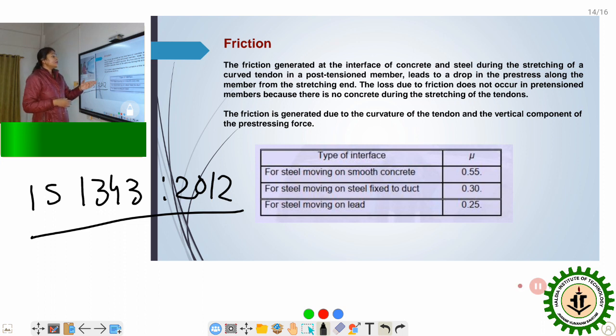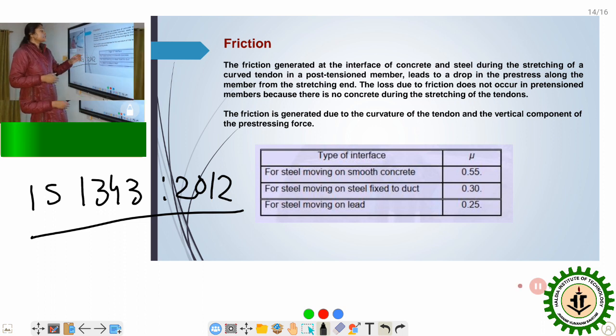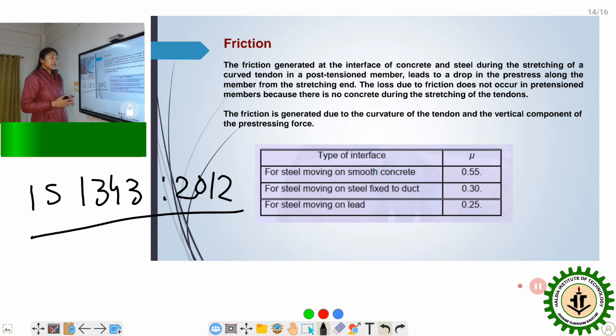For steel moving in smooth concrete, we have a coefficient of friction of 0.55. Steel moving on steel fixed to duct, these are all post-tension members, we have 0.3. Steel moving on lead, we have 0.25.